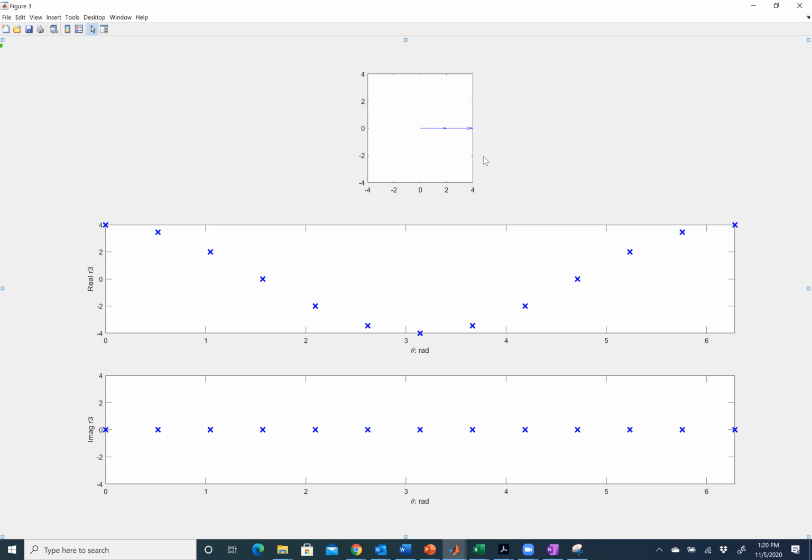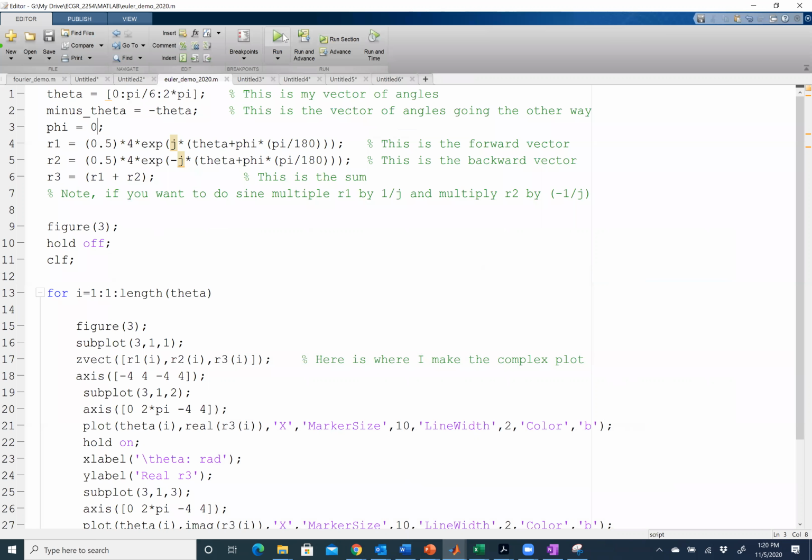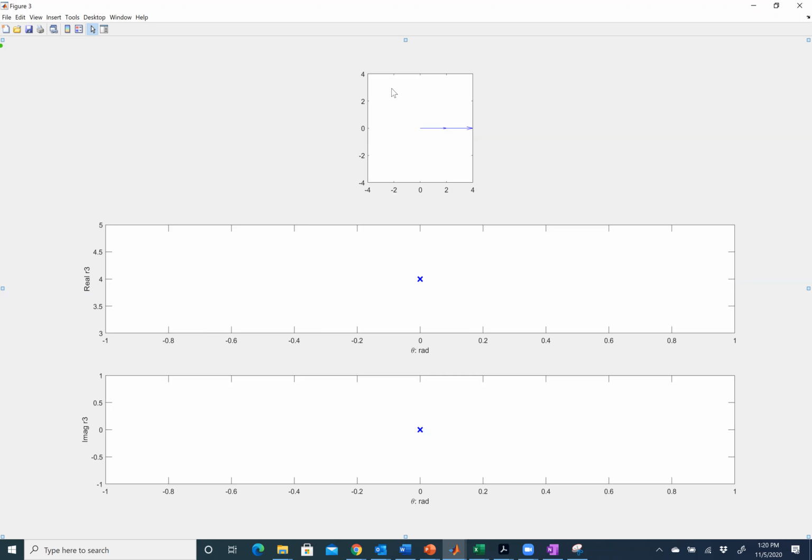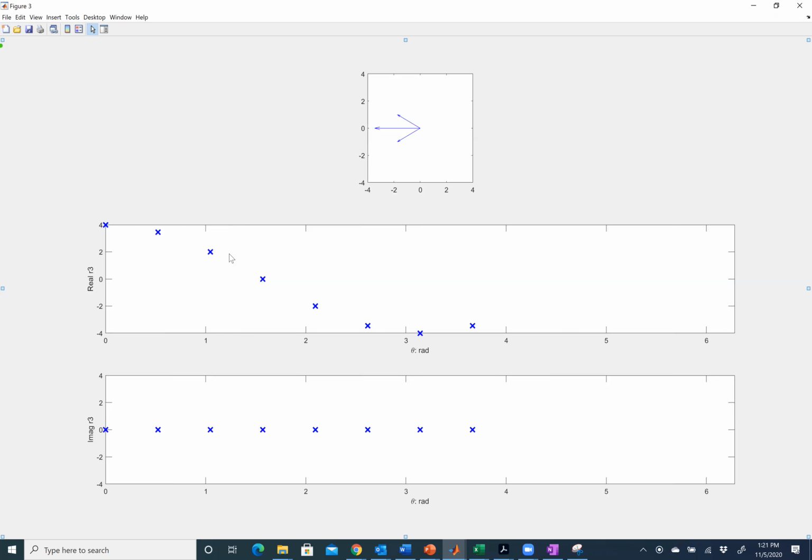So there are the two vectors rotating, and there's the sum. The sum is always twice as big. I'm plotting the sum in time on the bottom. It's completely real. It never has an imaginary part.